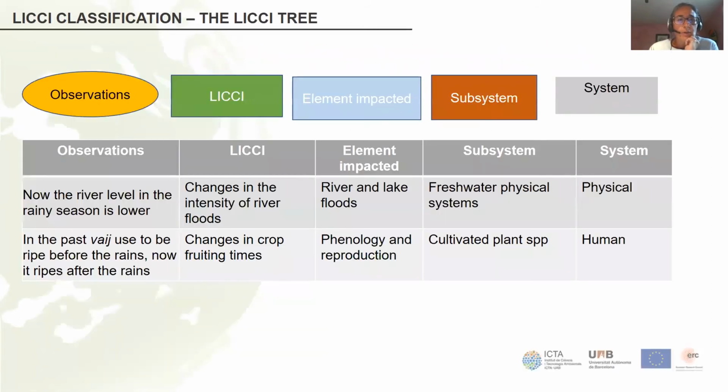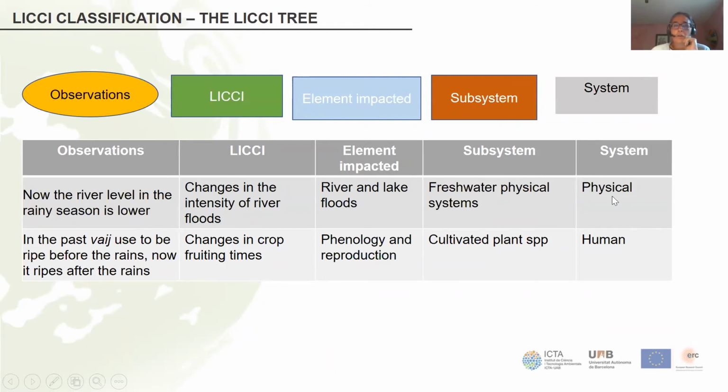Maybe if you take a look at this chart, it will be clear. The whole method will be explained in more detail by my colleagues. But basically, when you ask someone, what are the changes you have seen around here? And they say, oh, now the river level is lower in the rainy season, right?